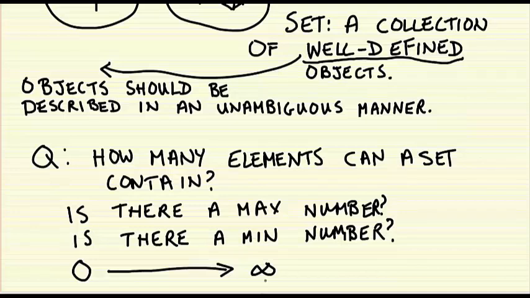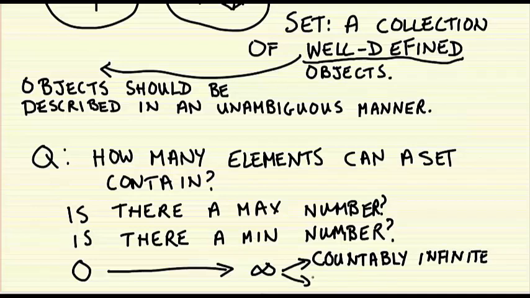And also when we're dealing with this concept of infinity, we'll see that we need to investigate it further. We have the idea of a set containing a countably infinite number of elements, or also it may contain what's known as an uncountably infinite number of elements.